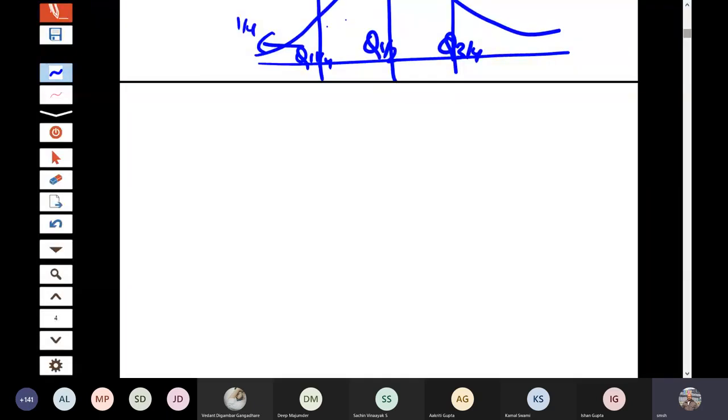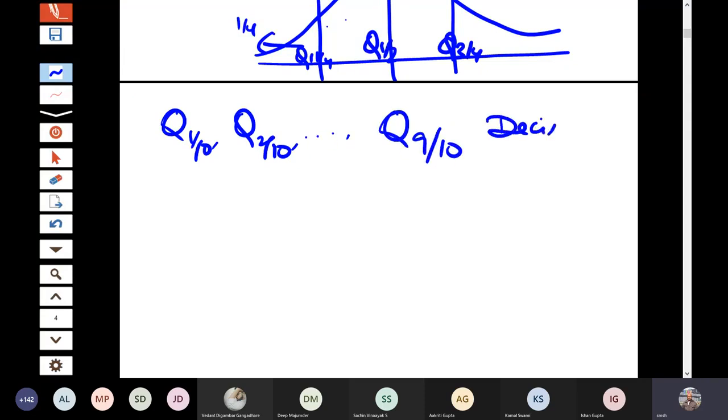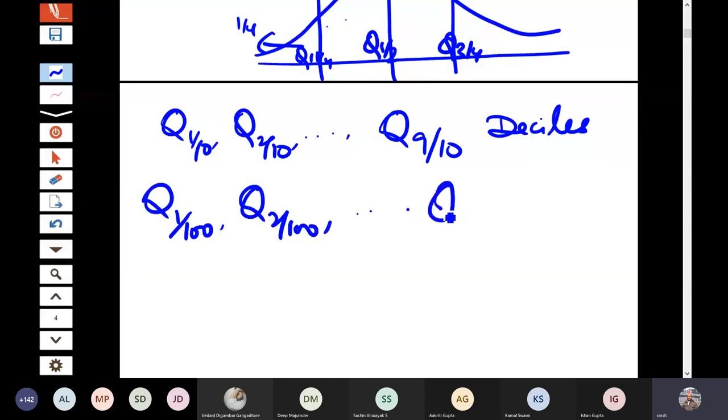Similarly, you can have deciles and percentiles. So for example, Q_1/10, Q_2/10, and so on, Q_9/10. These are called deciles. You can have Q_1/100, Q_2/100, and so on, Q_99/100.